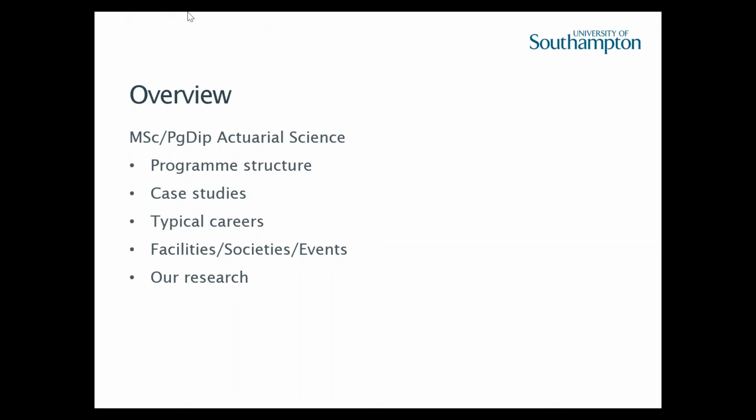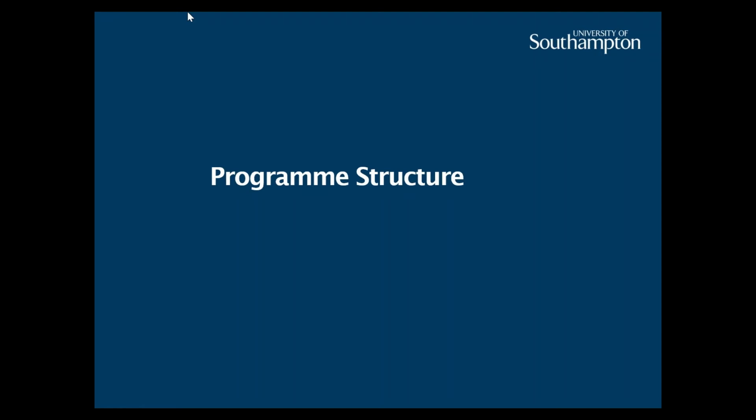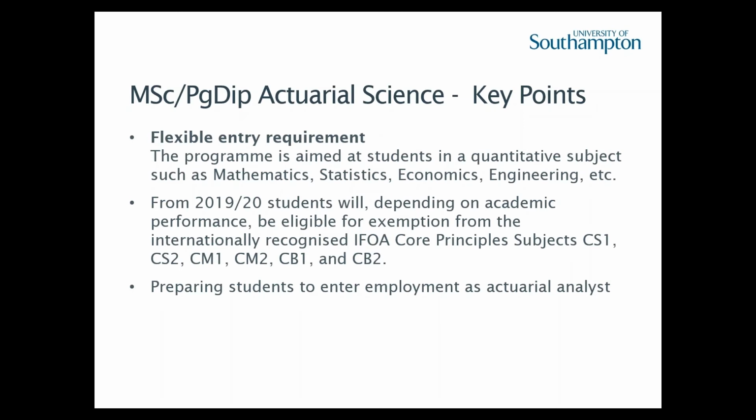Okay, let's start with our program structure. First of all, we would like our students to have a strong, solid quantitative background. As you know, this is because the program itself is a mix of statistics, stochastics, actuarial science, demography, economics, finance, and accounting.